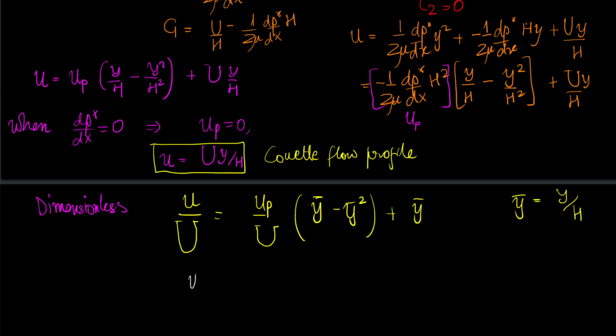So this can be written as u bar equals up bar times (y bar minus y bar squared) plus y bar.